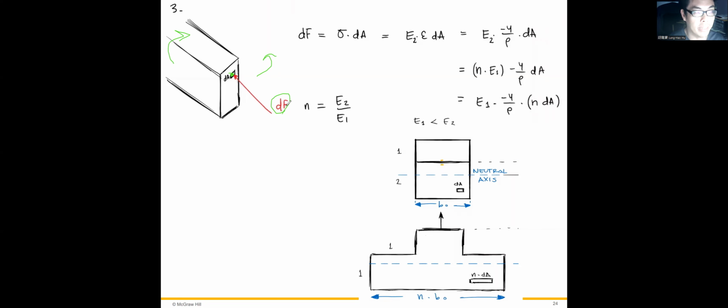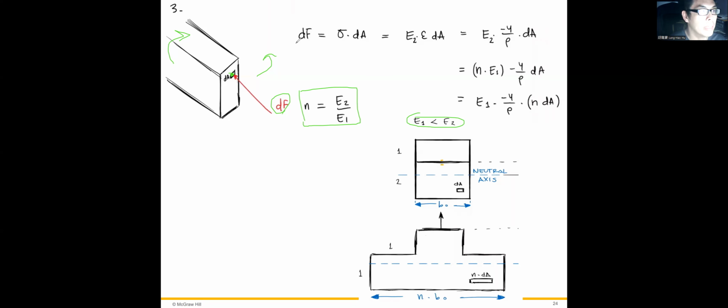How do we define the parameter n? n equals E2 divided by E1, and E2 is greater than E1.